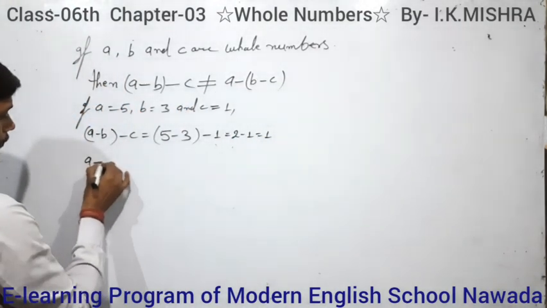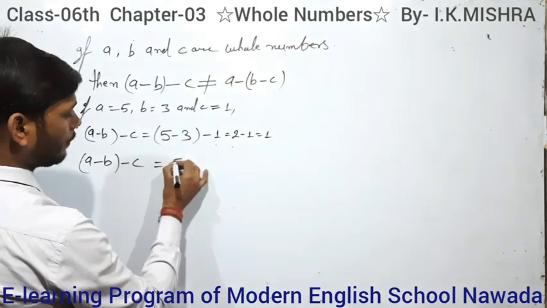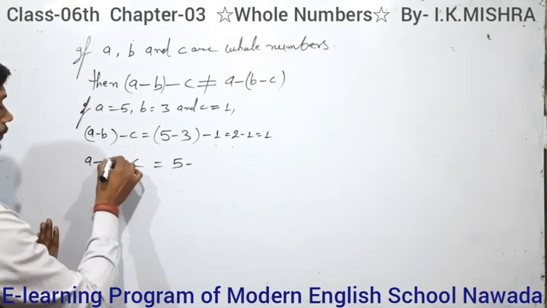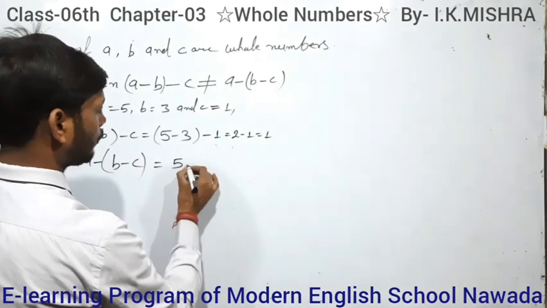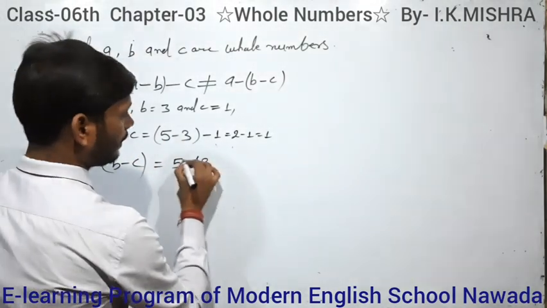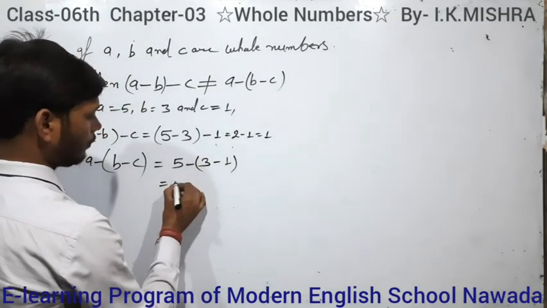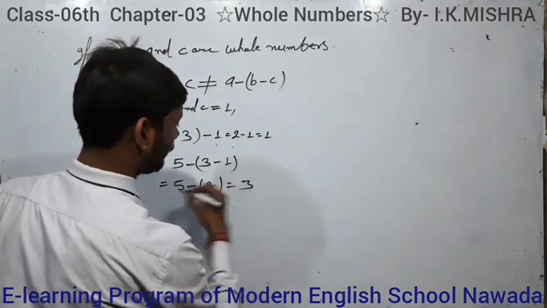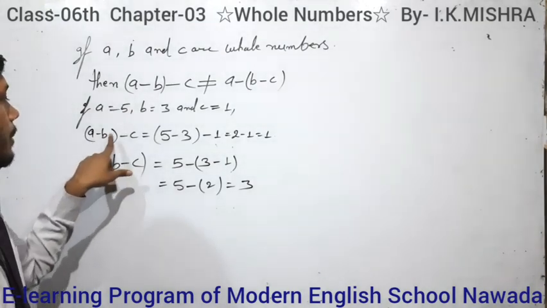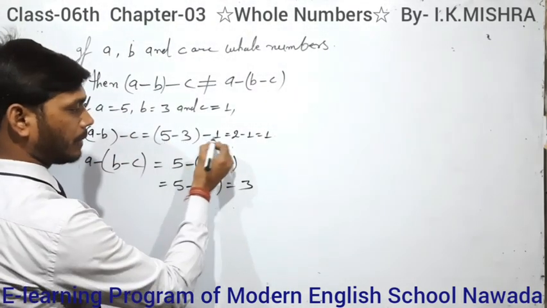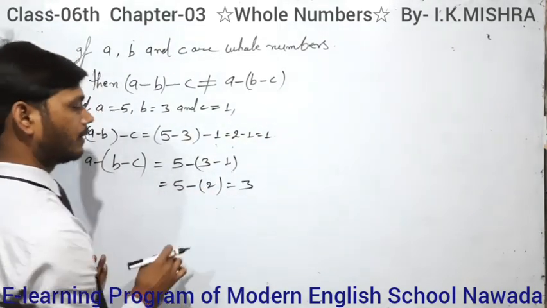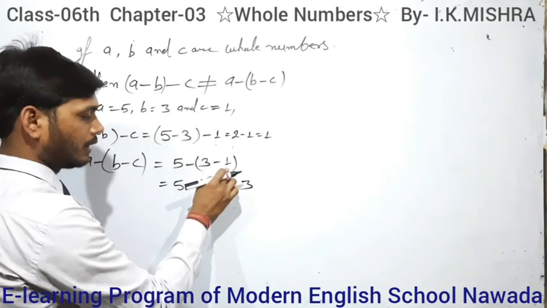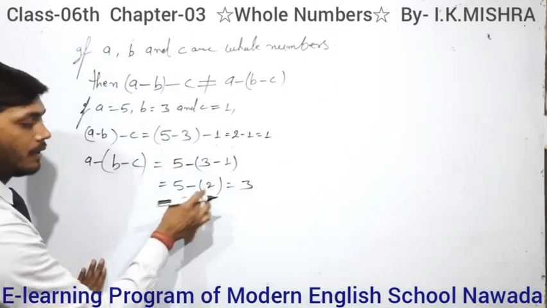Now A minus (B minus C) is equal to 5 minus (3 minus 1), which is 5 minus 2, equal to 3.